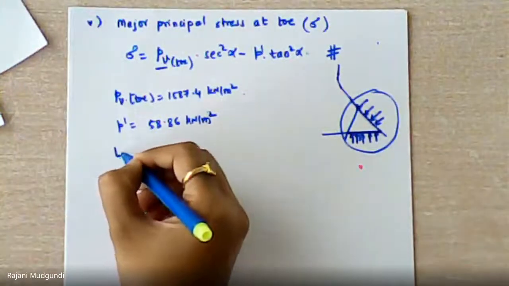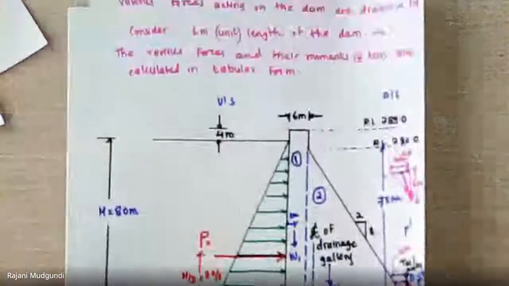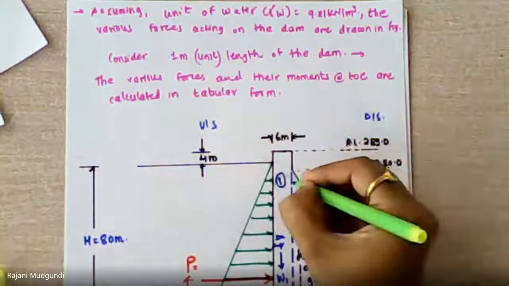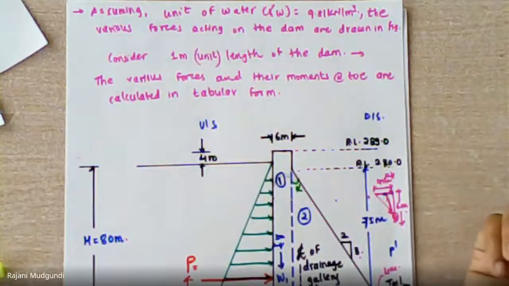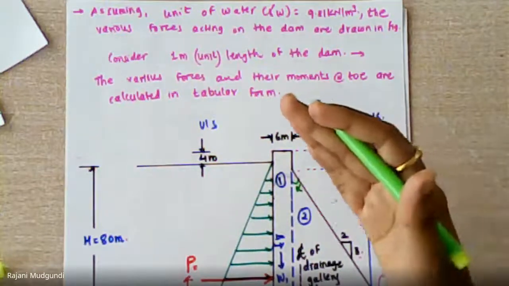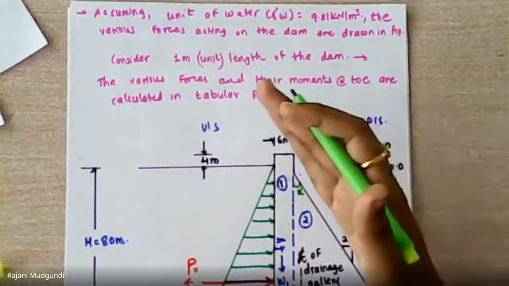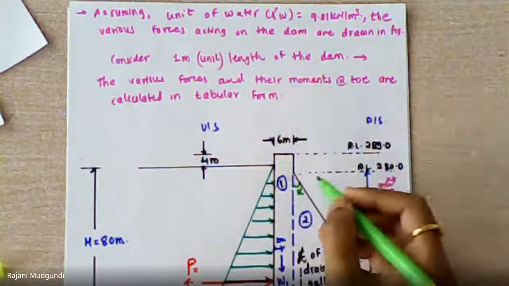Now tan alpha. Now alpha is nothing but, see, this angle is alpha. So it is the angle made with verticals, or say the downstream face that makes the angle with the vertical.